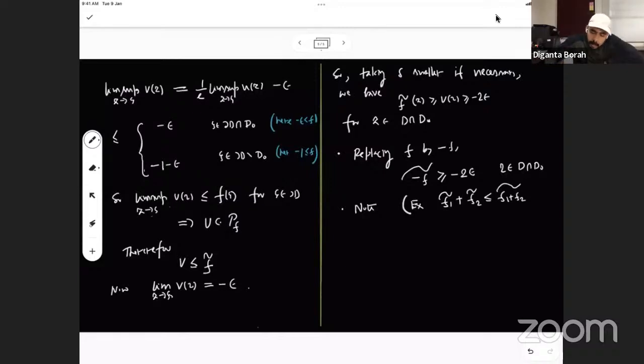You pick up some member from the family of f1 and another member from the family corresponding to f2, and you can get a member corresponding to f1 plus f2. You check this. It's an easy thing from the definition. So I leave it to you. But this implies that you see now f tilde plus minus f tilde, this is less or equal to.